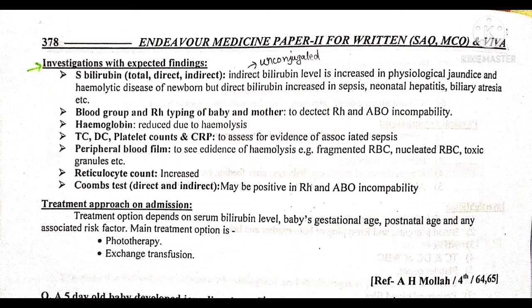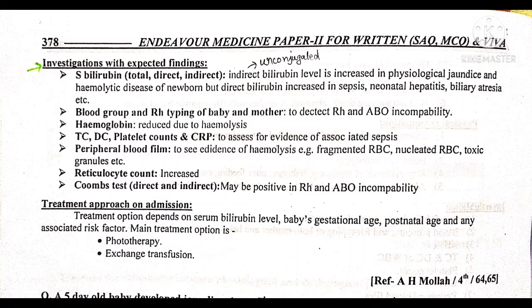Blood group and Rh typing of baby and mother has to be done to assess the evidence of associated Rh and ABO incompatibility. In Rh incompatibility, mother Rh is negative but baby Rh is positive. In ABO incompatibility, mother is O positive but baby is A, B or AB positive.